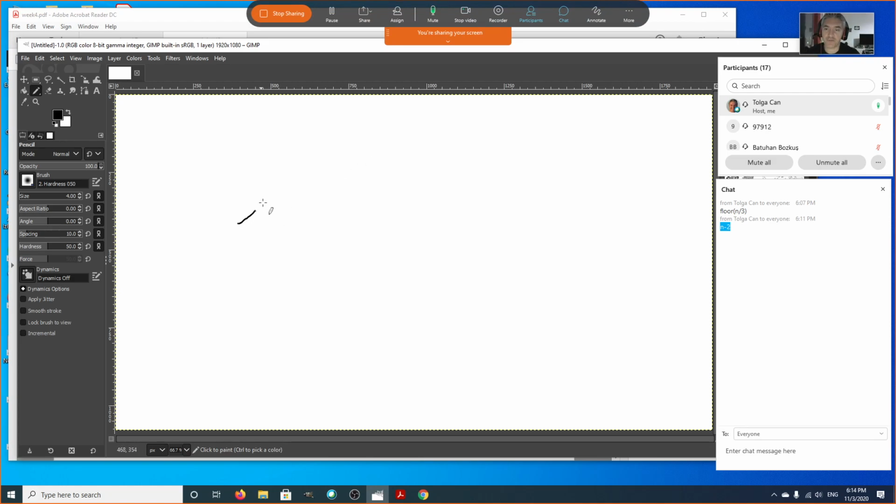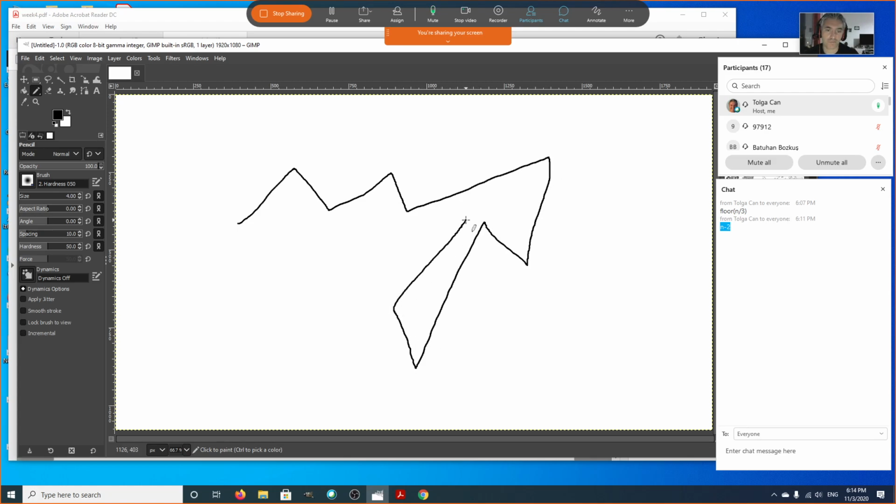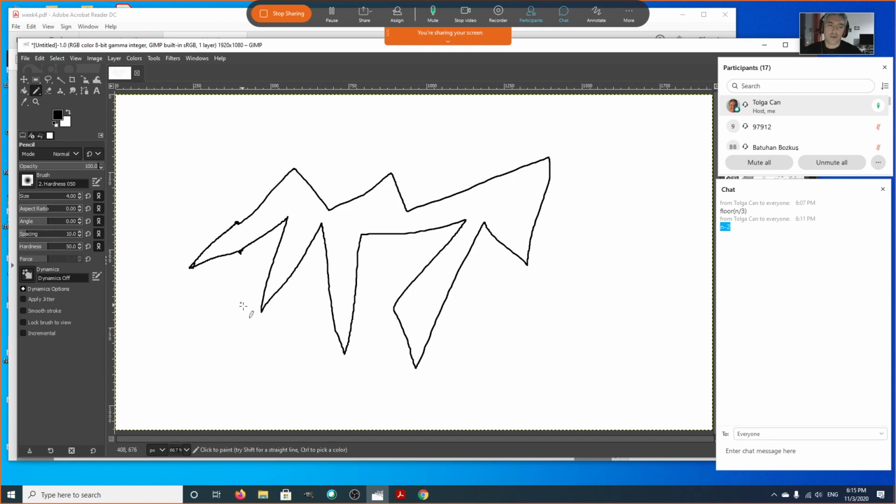So let's have an arbitrary simple polygon like this. There are vertices here. Actually, let's have this polygon, okay?